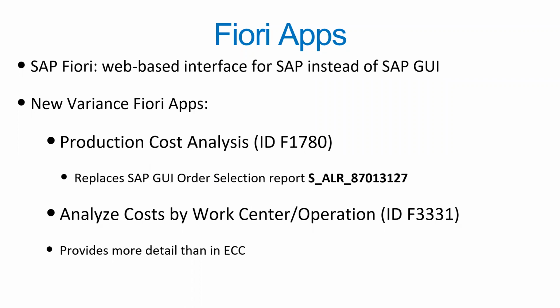You might remember, it just lists a whole lot of production orders. And in the columns, you can have cost, you can have variances, and you can have other cost information. It's not a summarize, but you can list many orders, and you can sum them.